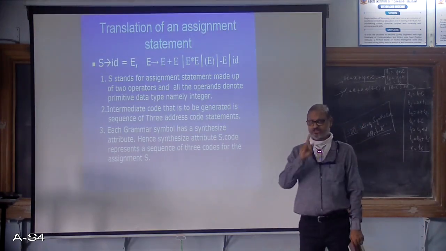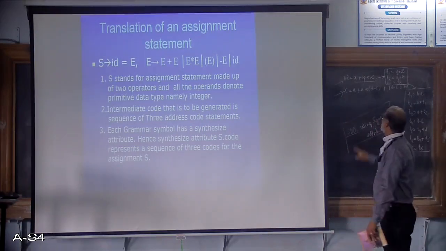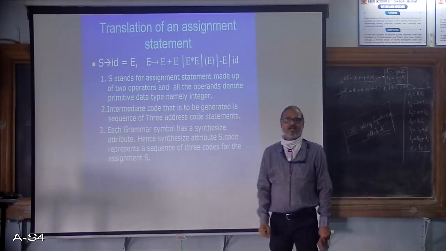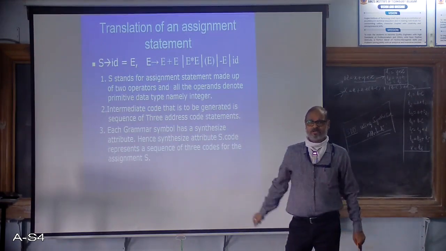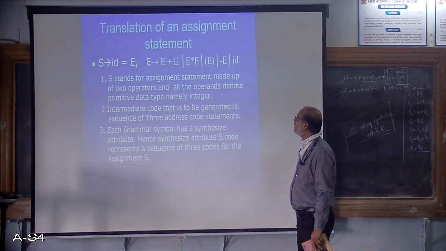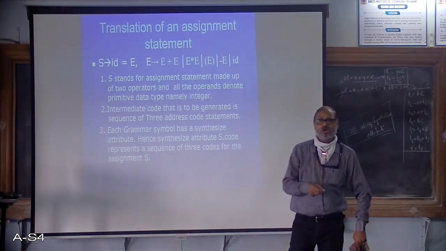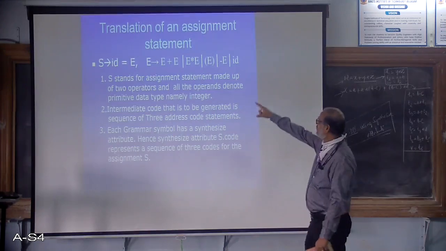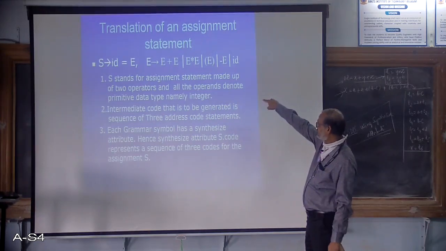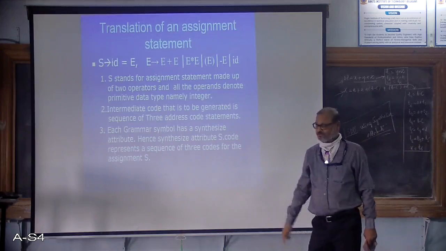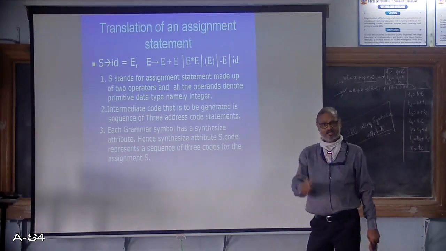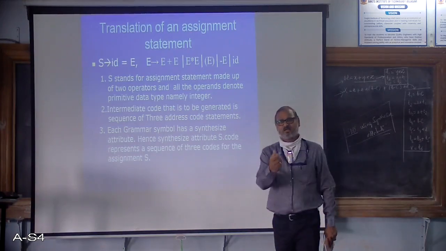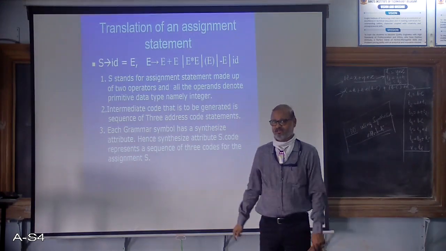So my expression is composed of, first, one additive operator, so the production is E derives E plus E, and one multiplicative operator, E derives E star E. You can also have parenthesized expressions, and then minus E as unary minus, and then my expression is also a single operand, that is a single identifier.